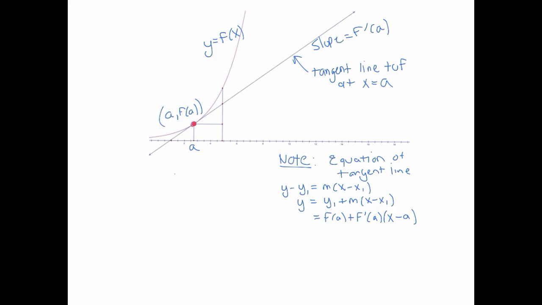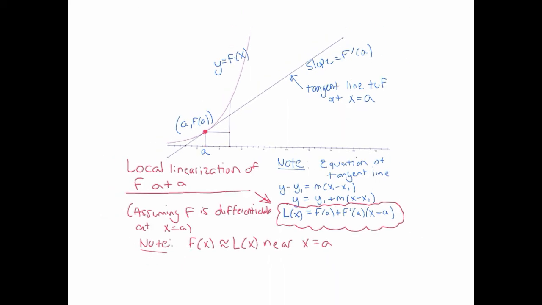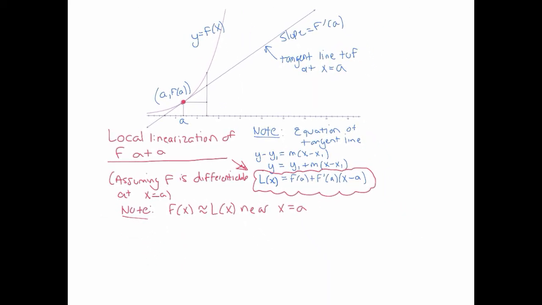If you're really close to x equals a, then the curve and the tangent line are behaving the same way, and one can probably be replaced with the other in terms of computation. And lines are usually easier to compute with, so when we can get away with it, we use lines.